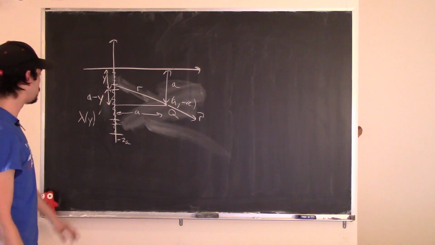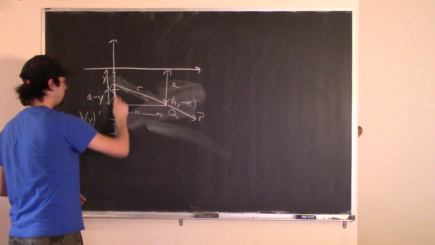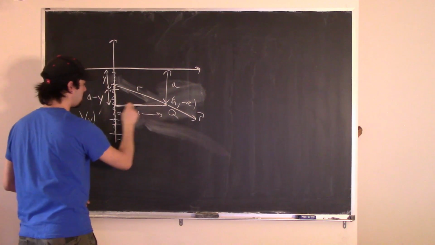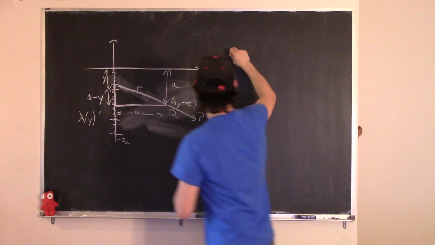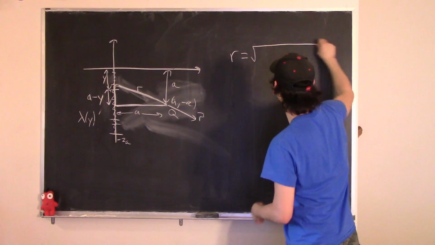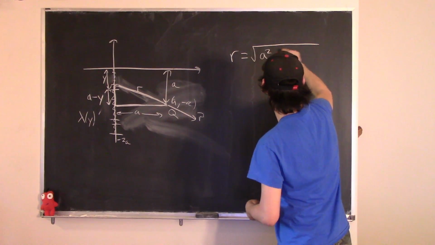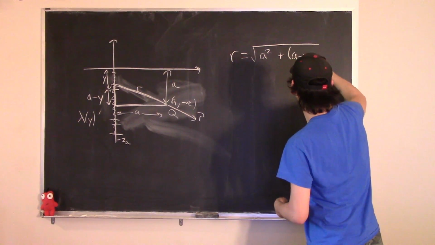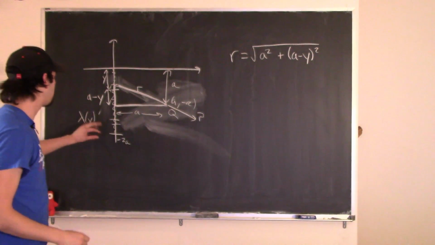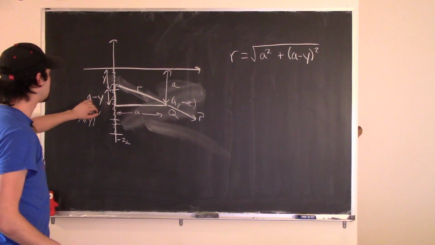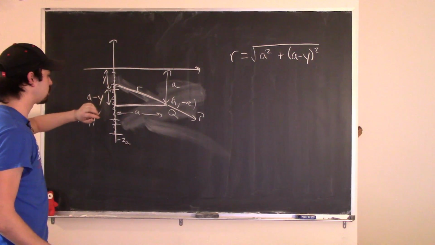When we look at this triangle, we see that r is just equal to the square root of a squared plus (a minus y) squared. So the first important thing was to identify this a minus y piece over here.